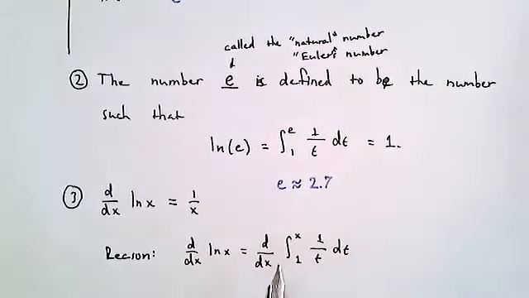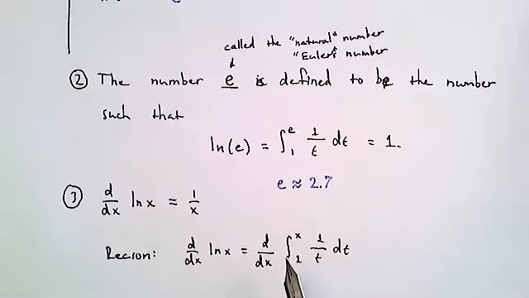So does anyone remember from Calculus 1 how you find the derivative of an integral, or what happens? This was a really important thing, and it had a special name. No one?